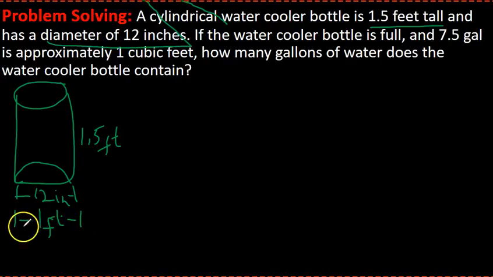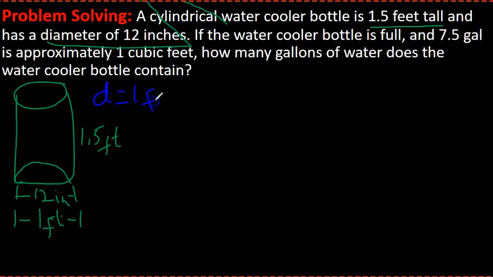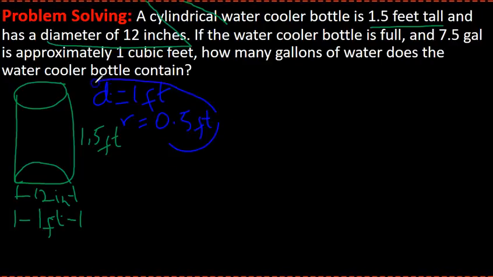So the diameter is 1 foot. So the radius is 1/2 of the diameter, which is 0.5 foot. So we keep that for now.